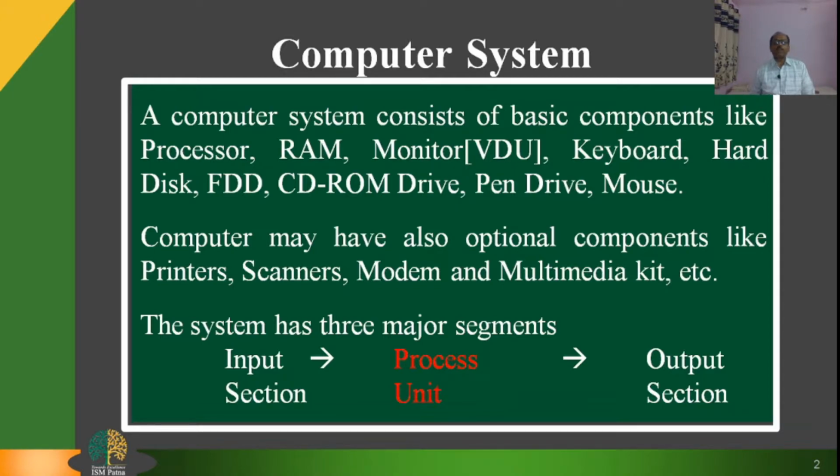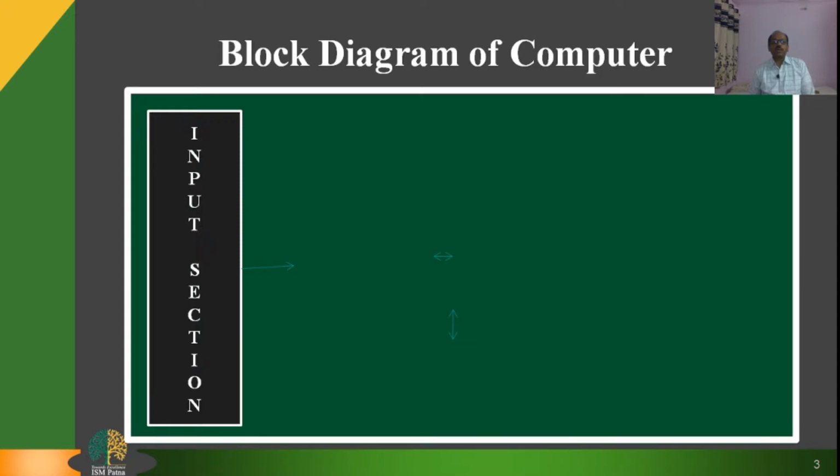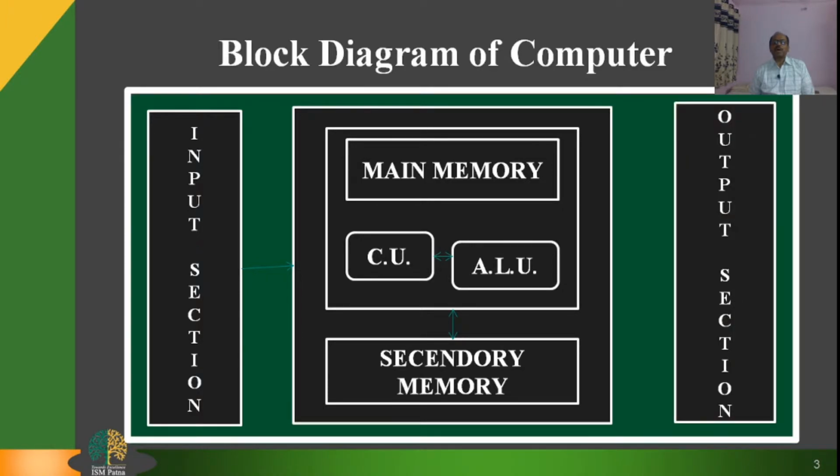So, a block diagram is here. It is your input section, it is your central processing unit, that is CPU, and it is output section. This entire thing is termed the block diagram of a computer.